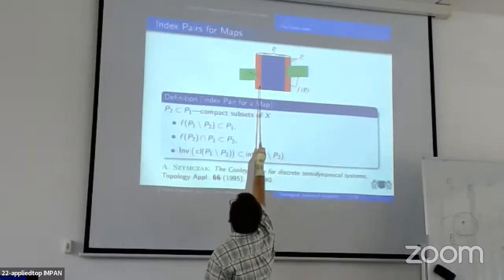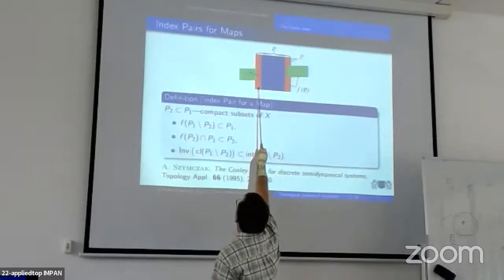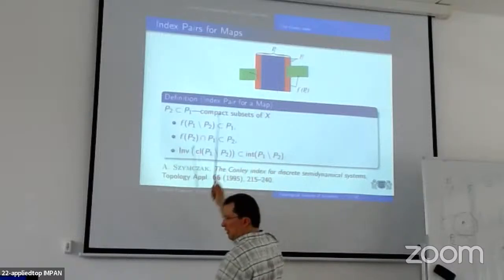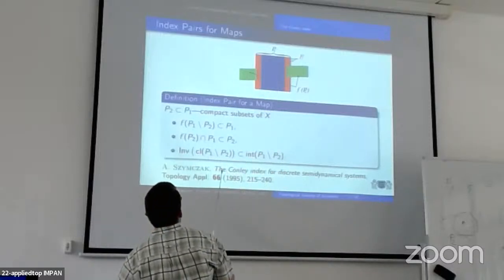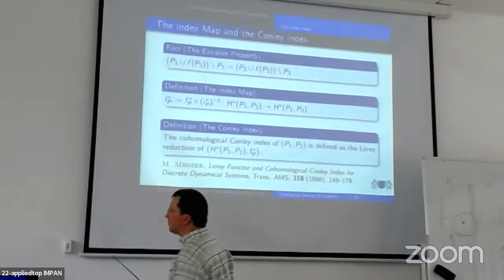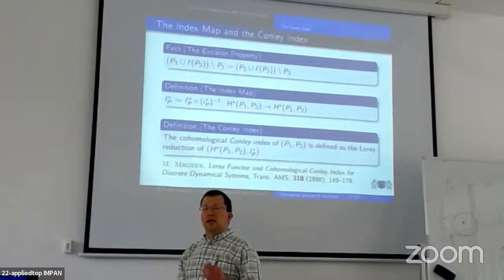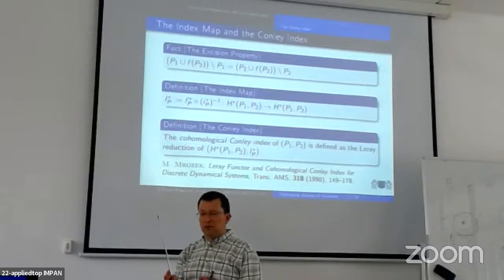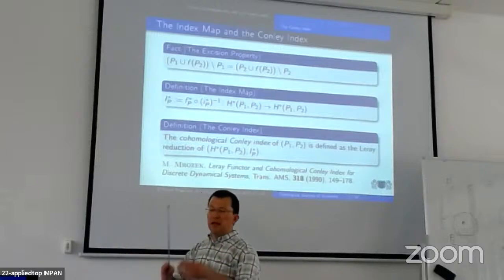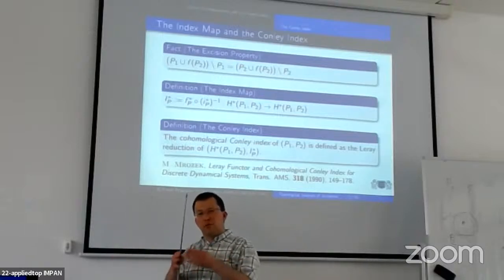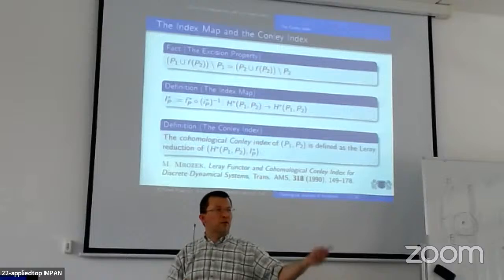The green part only can touch the red set, but not entering the blue or touching the blue. Some technical conditions, and this is quite technical to prove that this is well defined and so on. And this mapping is really necessary, because for a map, we can build isolated neighborhoods that have several connected components. The map will build sort of a ladder to map points from one component to another component.